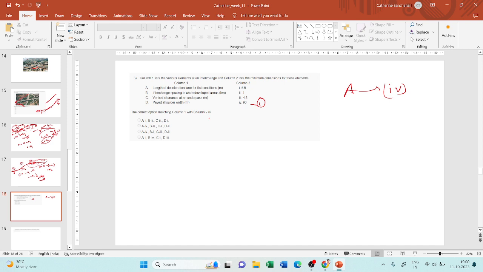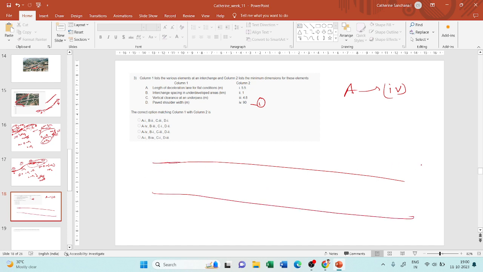Interchange spacing in underdeveloped areas. What do I mean by interchange spacing? This is my road. I'm traveling on this road, and here you come across an interchange. Where should you have your next interchange? That is my interchange spacing.